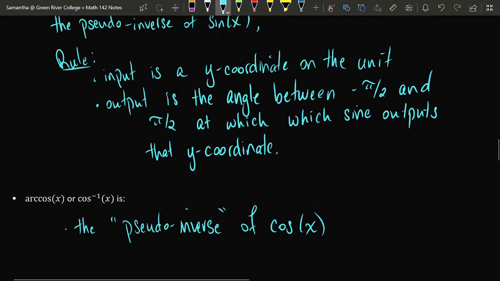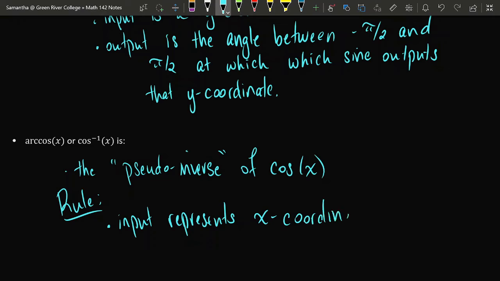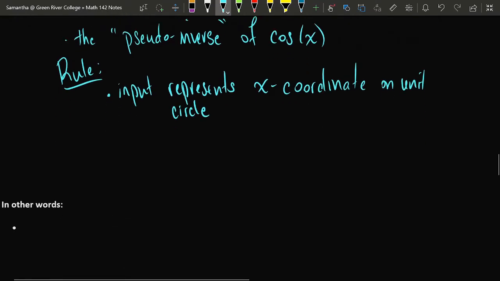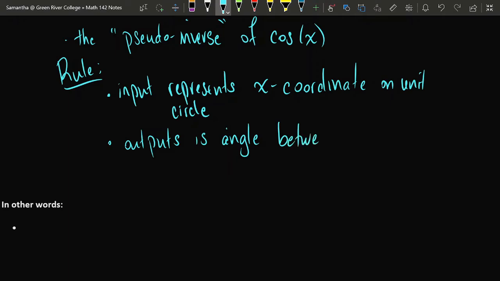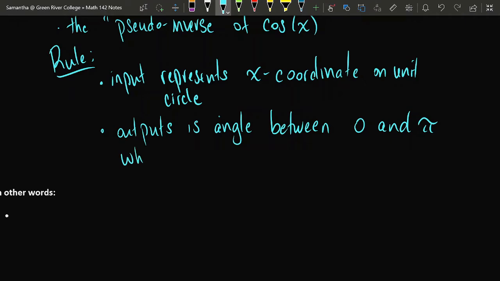For this function, arccosine, the rule is that the input represents the x-coordinate on the unit circle and the output is asking for the angle specifically between 0 and pi radians, where not sine but cosine outputs that x-coordinate.